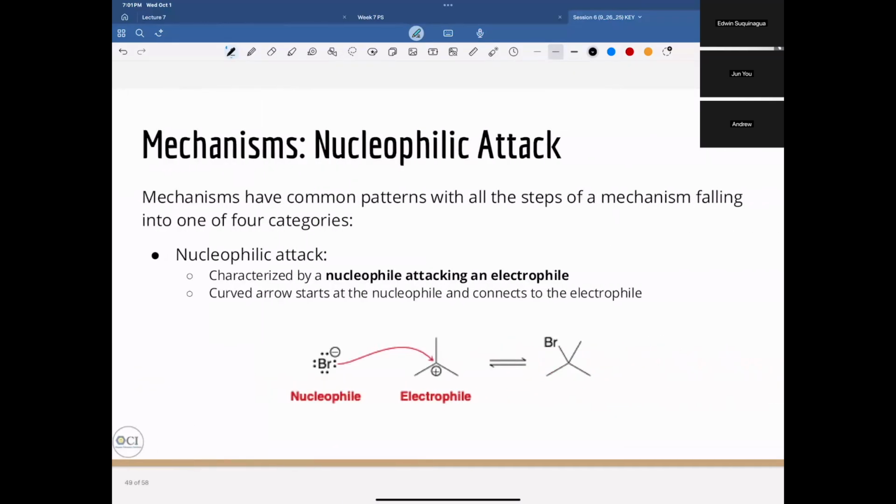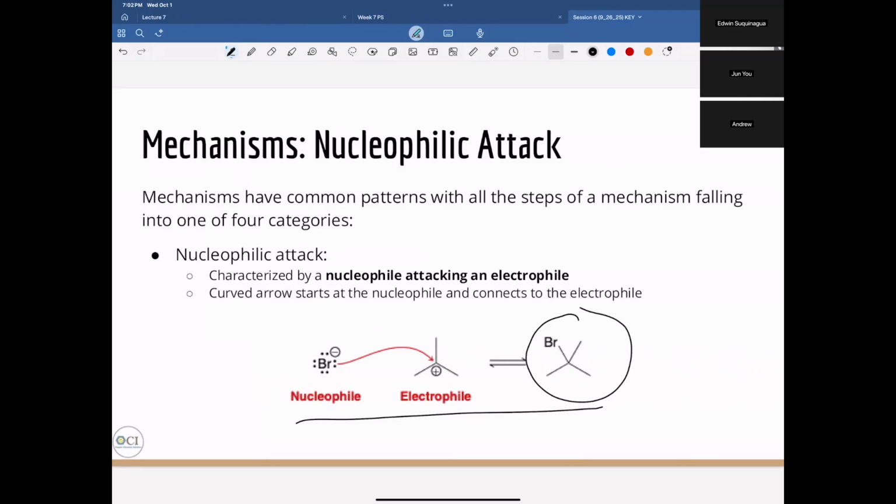For today's session, we'll be focusing on 4 different types of mechanisms. First one, conveniently, is nucleophilic attack, which I've mentioned throughout this session. As the name suggests, it's when a nucleophile will attack an electrophile. In this bottom example, the nucleophile, which is the bromine, is going to attack the electrophile, which has a positive charge here, and we'll get this product.